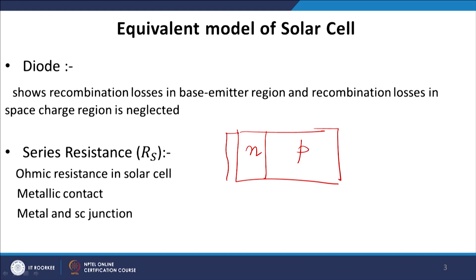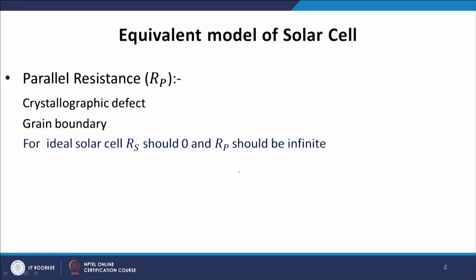To complete a solar cell, we put a metallic contact on the front end and an ohmic back contact at the back end. Now, this metallic contact makes a Schottky kind of barrier at the metal semiconductor interface. This Schottky barrier contributes some resistance, and that resistance is the series resistance.